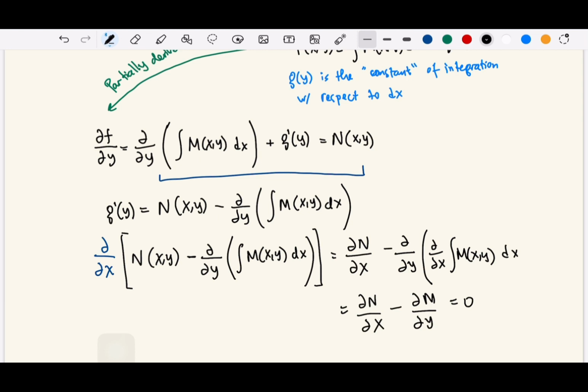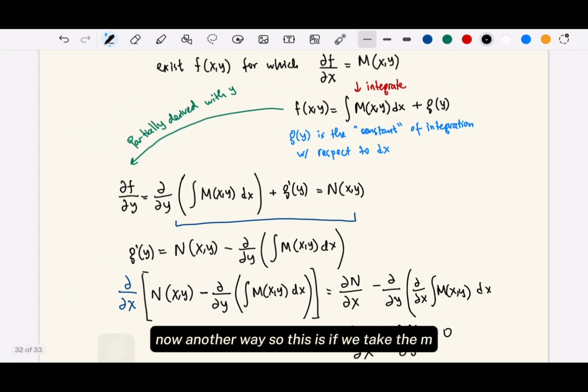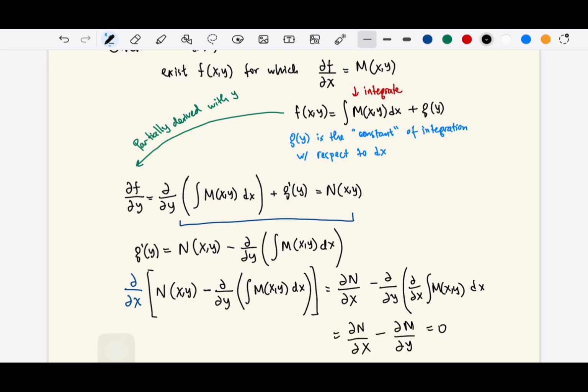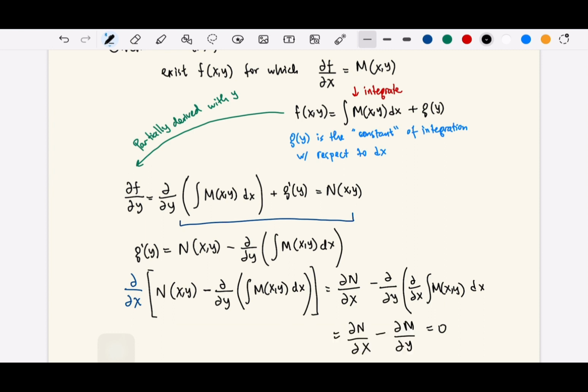Okay. Now another way, so this is if we take the m, right? This is the m root. We can also make the same argument with n.